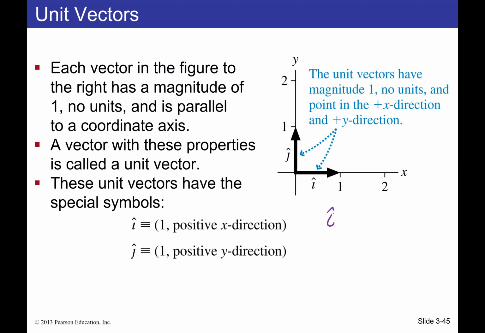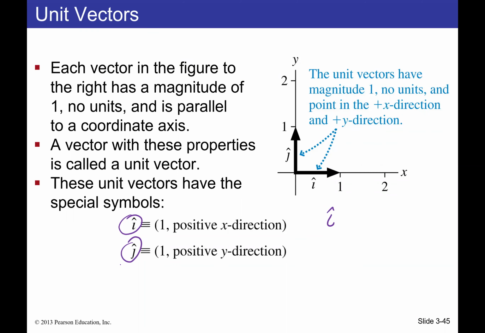So here's one of them, I hat, a unit vector with magnitude one, in the positive x direction. In the same way, we have a unit vector along the y-axis, which we designate j hat, again unitless with a magnitude of one, pointing in the positive y direction.